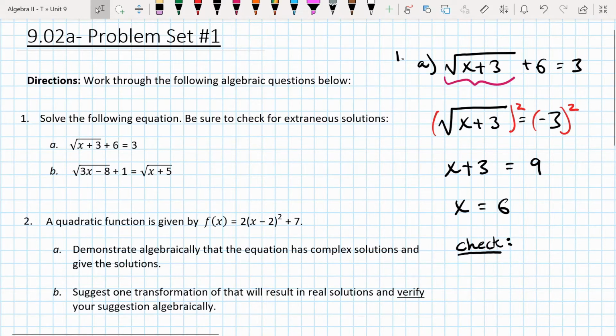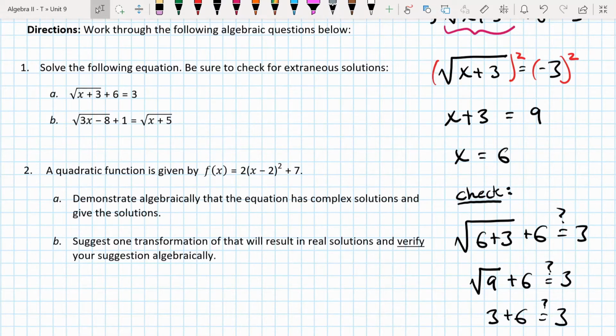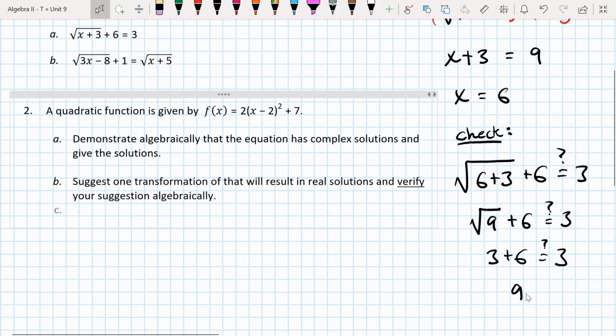Okay? Let's plug in 6 into this equation. I'm going to put a question mark up here. And now let's simplify the left-hand side. So we have the square root of 9 plus 6 equals question mark 3. 3 plus 6 equals 3. Well, 9 does not equal 3.